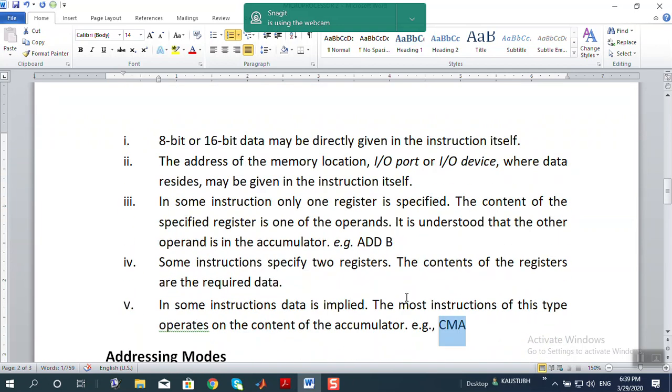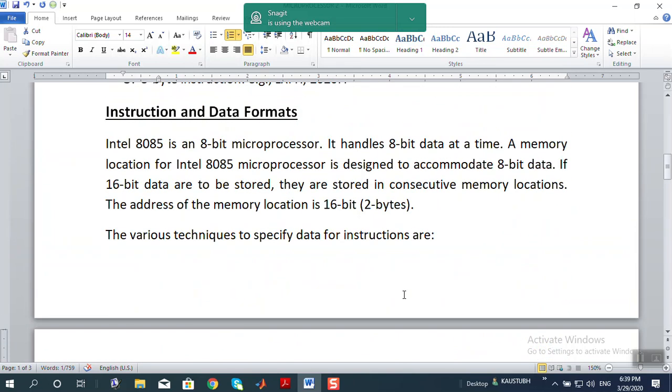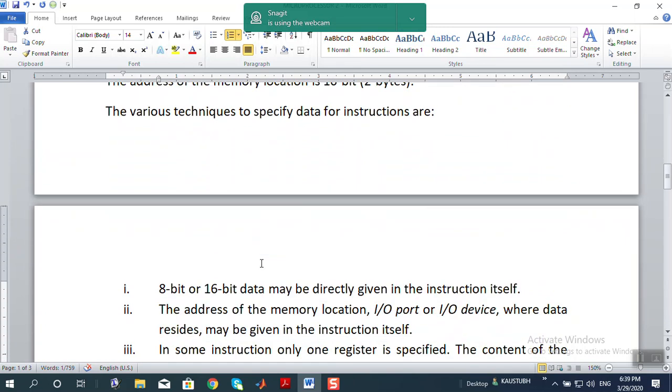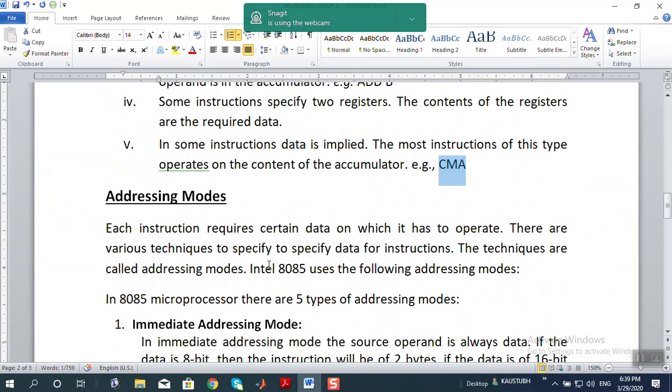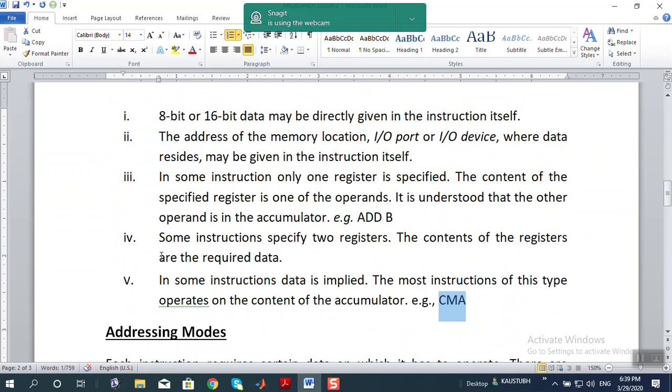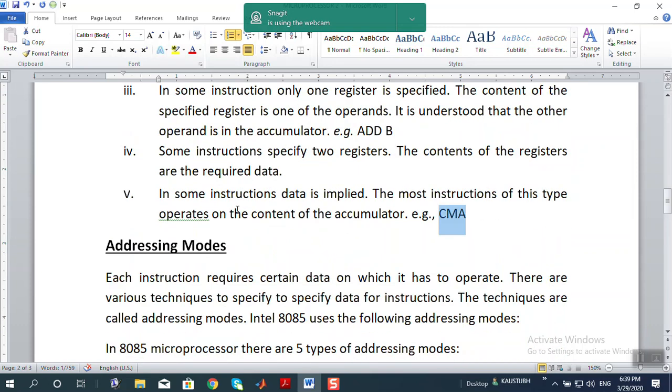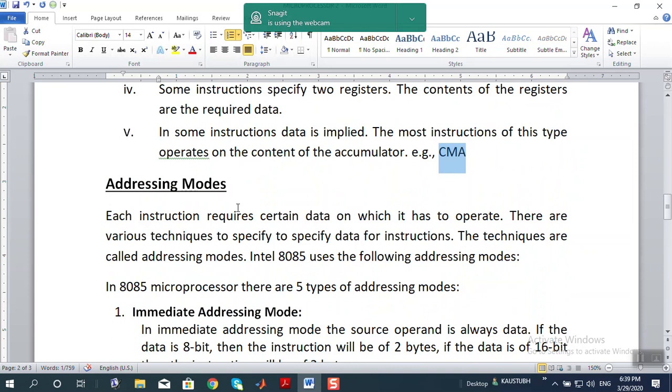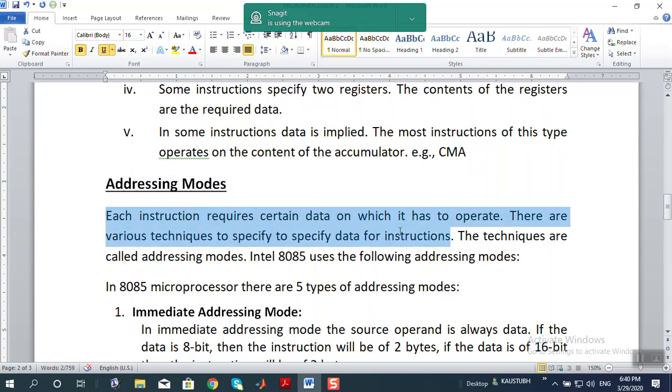So these 5 different ways are how you can specify your data. These 5 techniques should be known to the microprocessor through the instruction only. The technique by which the microprocessor identifies where its data or operand to be operated on is, is called the addressing mode. So what is addressing mode? Each instruction requires certain data to be operated on.